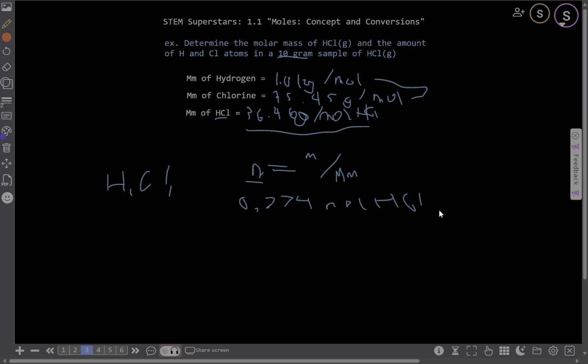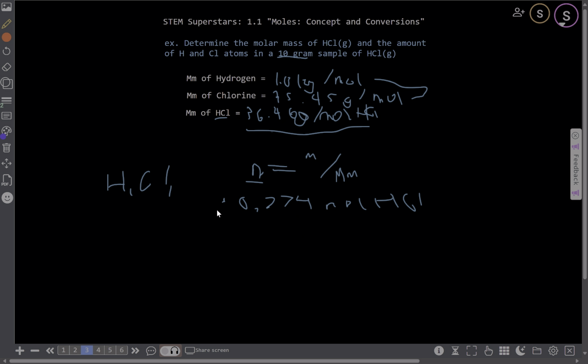Anyways, to determine the amount of particles or molecules of hydrogen chloride we have, we multiply that by Avogadro's constant. So you'd multiply that by 6.022 times 10 to the 23.